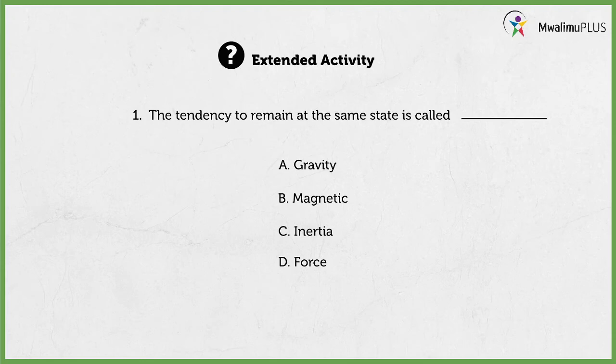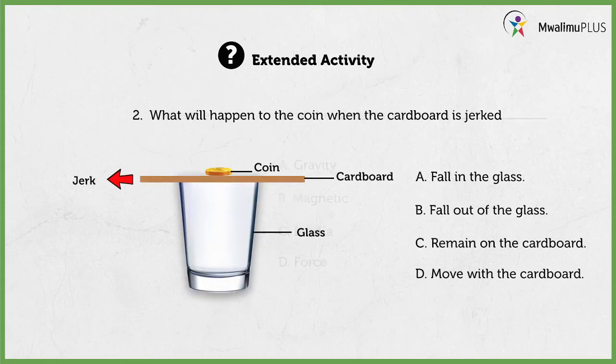So out of those 4, which one remains at rest? Then our number 2, we have a coin on the cardboard, and then there is a glass. Somebody wants to jack that cardboard. Jacking is pulling faster. So what will happen to the coin when the cardboard is jacked?